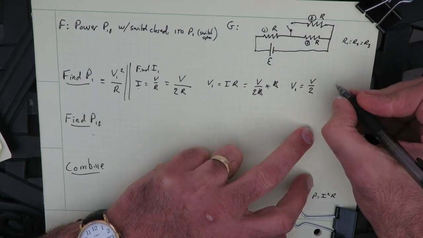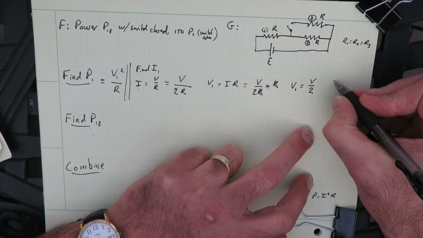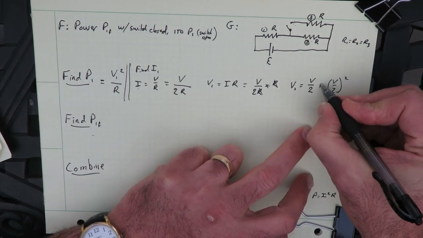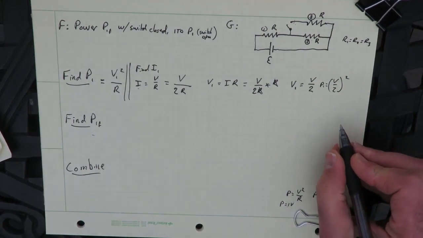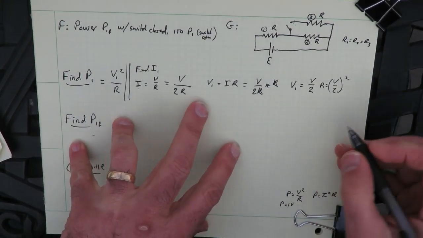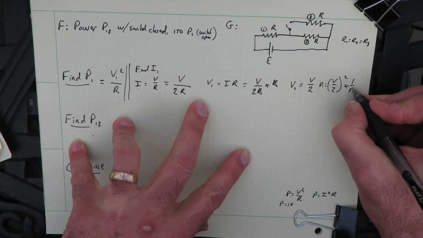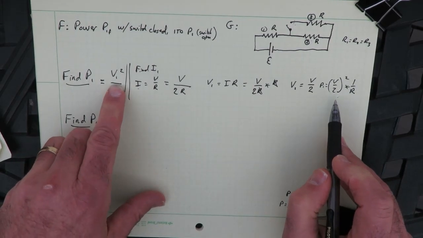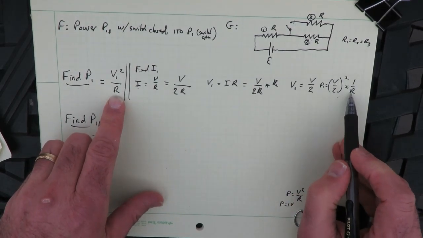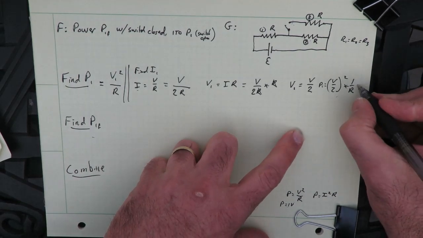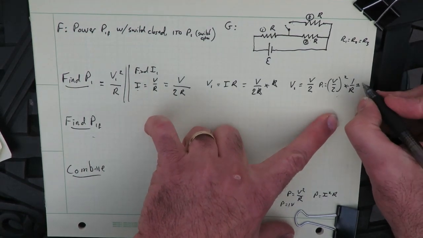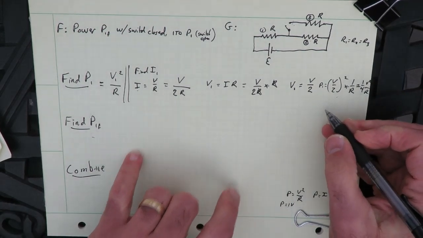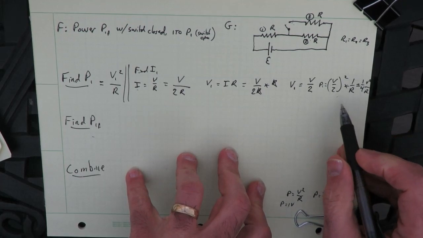P1 is equal to V1 squared, so that is V over 2 squared, times 1 over R. So this term here is the numerator, and I've broken it out times 1 over R. When you work all this out, you get 1/4 V squared over R. I better do that more neatly.